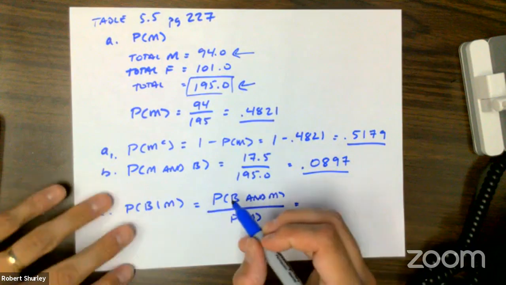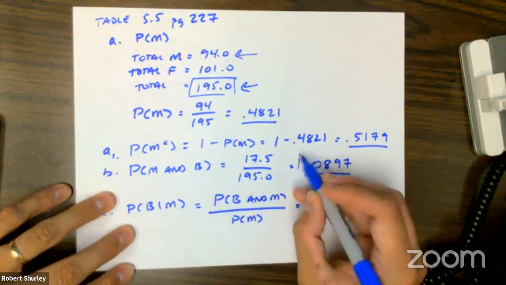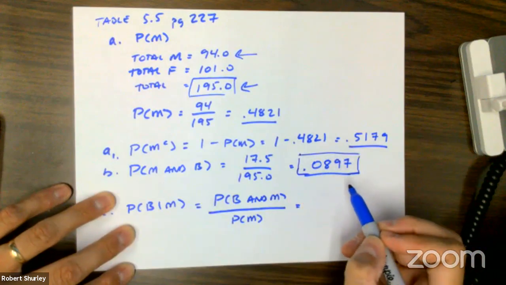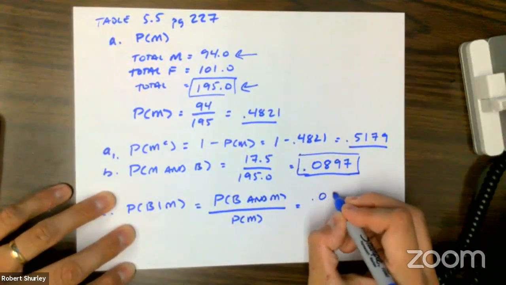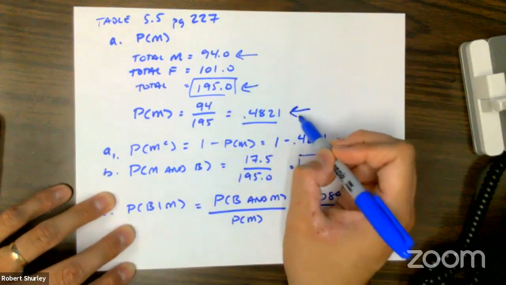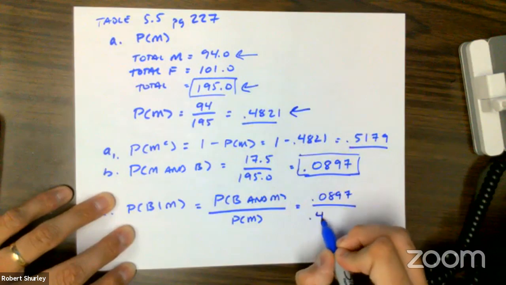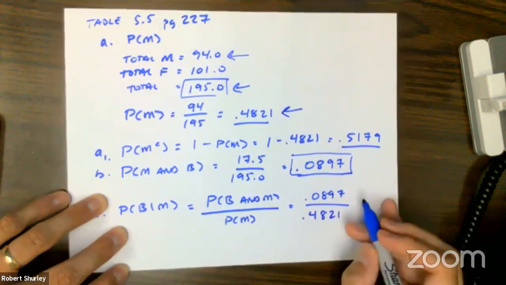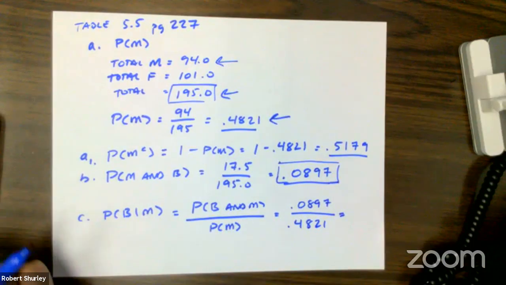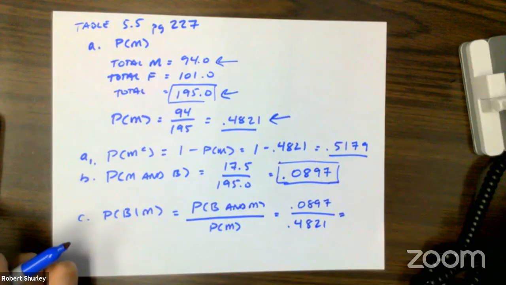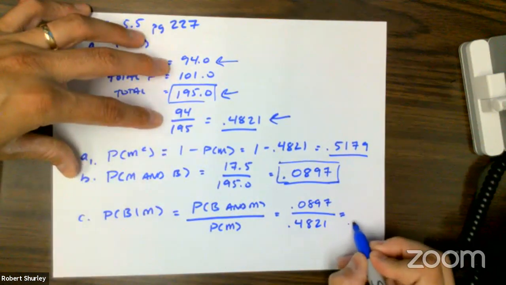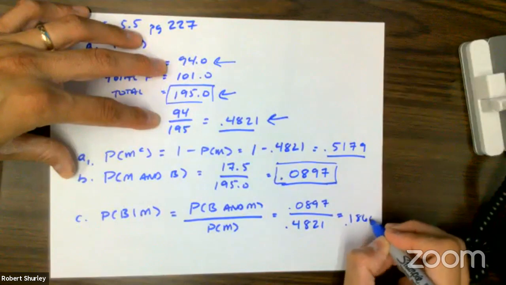The probability of having a bachelor's and male is the same as male and bachelor's. It's a commutative statement. So that's 0.0897 divided by the probability we're male, which we found up here, 0.4821. So 0.0897 divided by 0.4821 is going to be 0.1860.